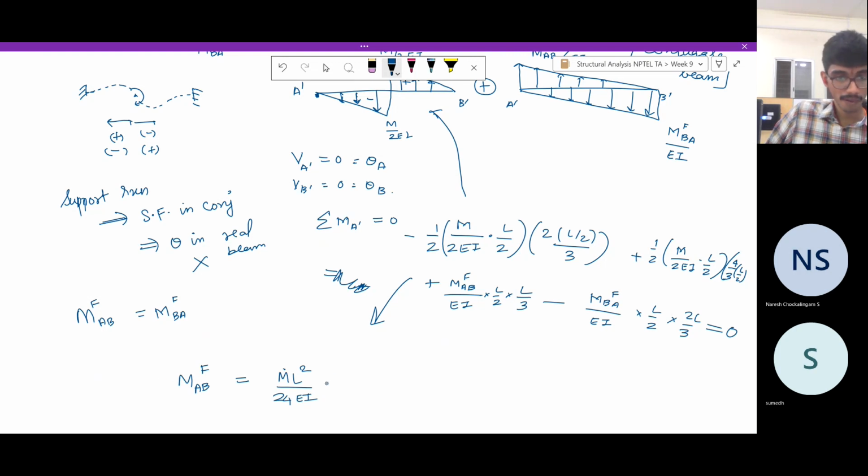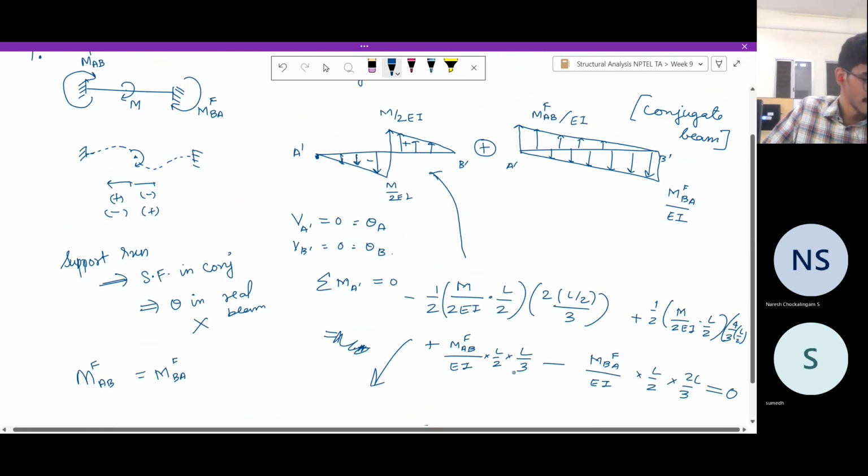So here you have an L square by 6 EI, so this you have M_AB L square by 6 EI, and this will be negative of that. So you can take it to the other side. So when you do all that, you will get M_AB^F L square by 6EI is nothing but M L square by 24EI, which means M_AB^F is nothing but the applied moment divided by 4.